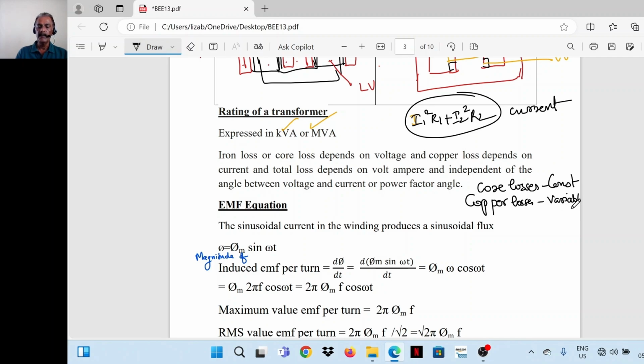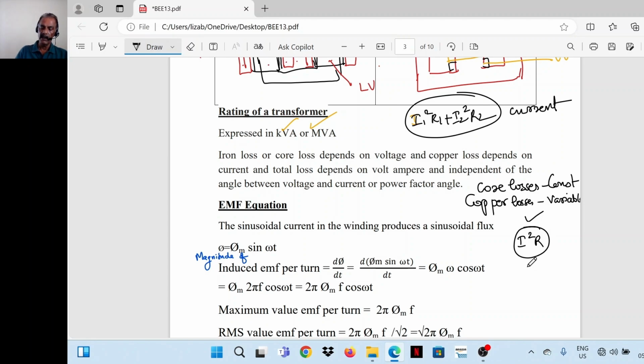Copper loss depends on the fraction of the current. A transformer need not always be operated at the rated current. The load can be half, or 1/4, or 3/4, or something like that. Accordingly, copper loss also varies. Copper loss is roughly this I square R loss happening in the winding.